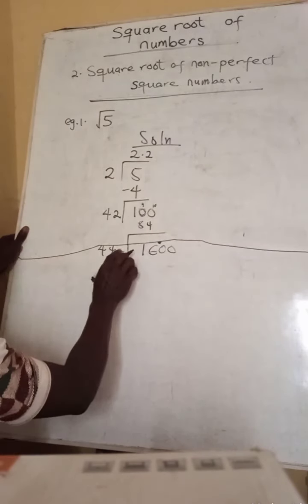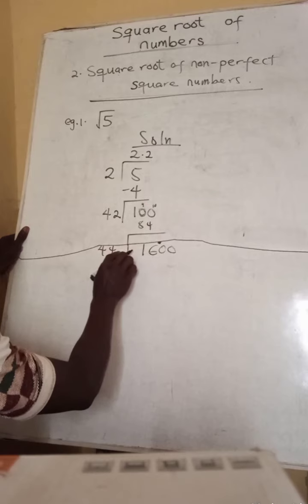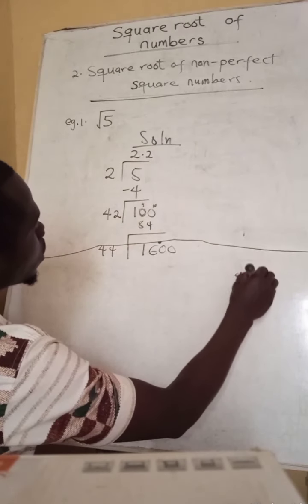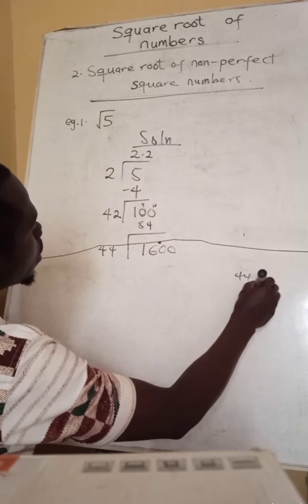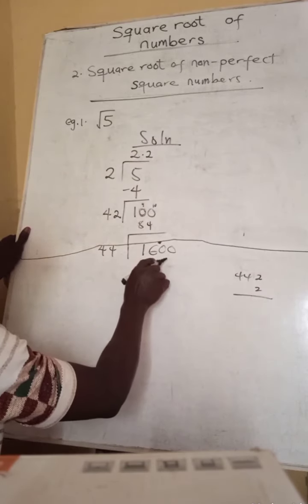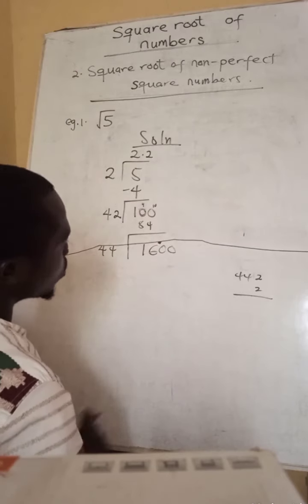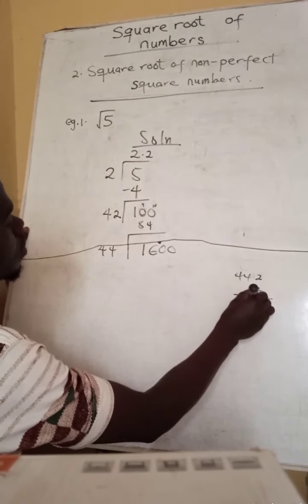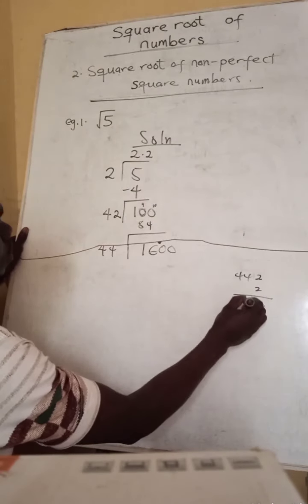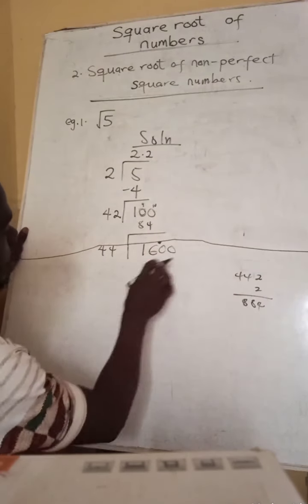So now, which number are we going to put here, such that when we pick 44 times that particular number, it is going to be either equal or closer to that number? So let's pick 2. 2 times 2 will be 4, 8, 8. So it's much smaller because this is 1600.